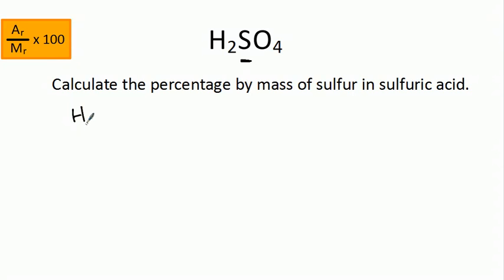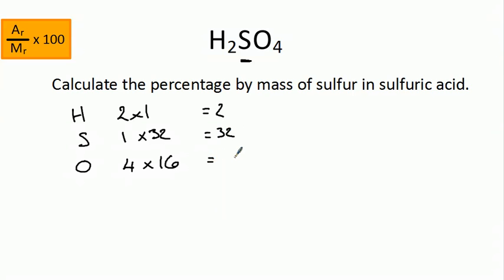But we need to work out the molecular mass of the sulfuric acid. So we write down our atoms: we've got 2 lots of hydrogen, 1 lot of sulfur, and 4 lots of oxygen. These numbers are the atomic masses for each of those, so I've got 2, 32, and 64.